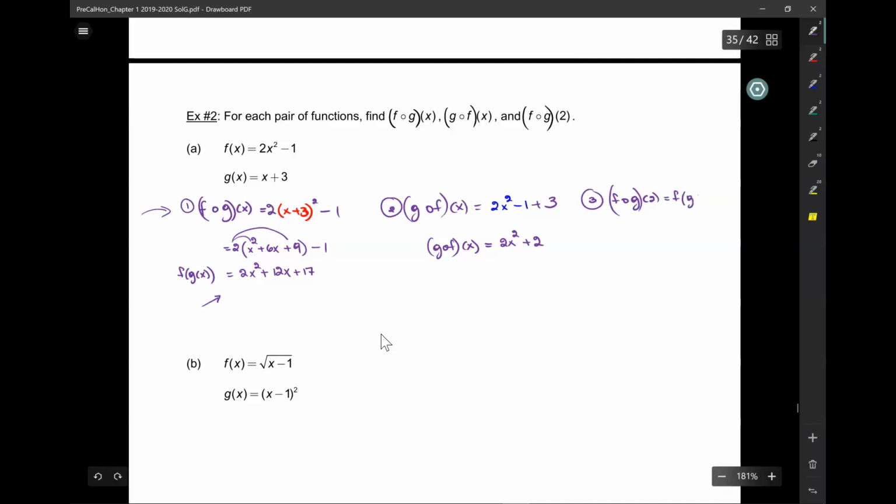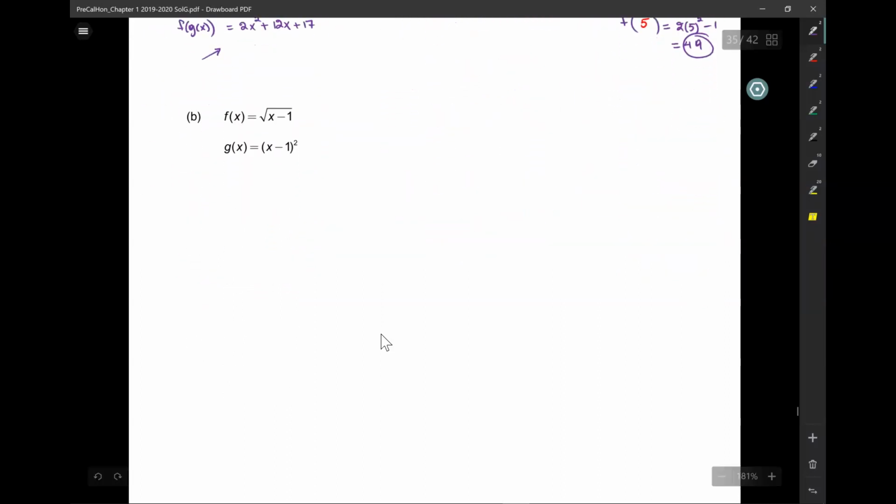What I do is I start from the inside and I find g of 2. g of 2 is 2 plus 3, 5. Now I go back to the outside and I find f of that number 5, and that will be 2 times 5 squared minus 1, 49. All right, so let's do the same thing here.